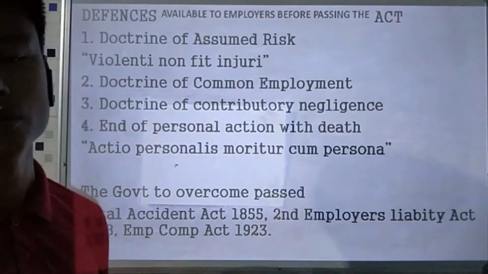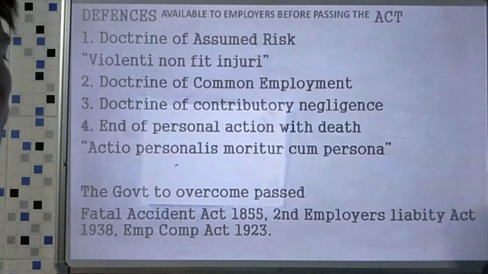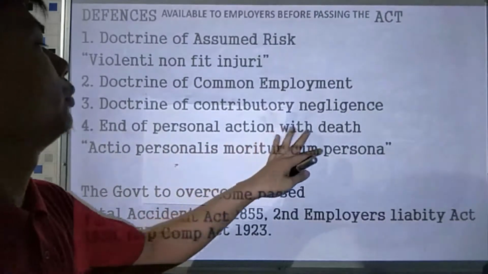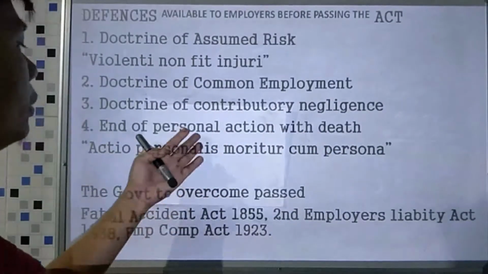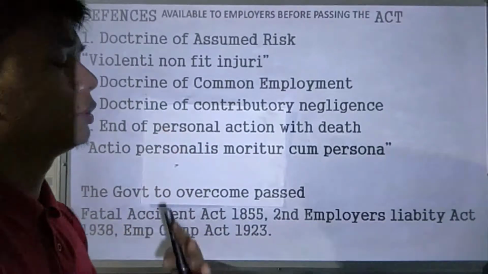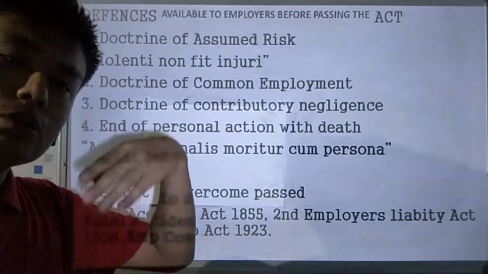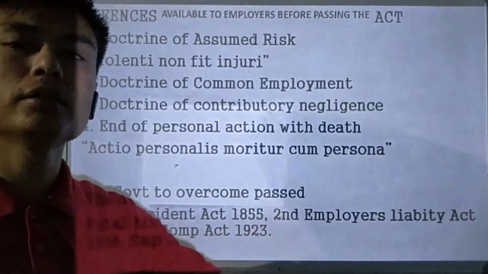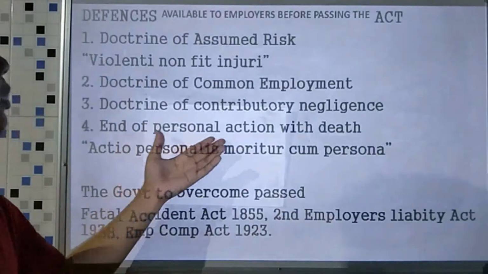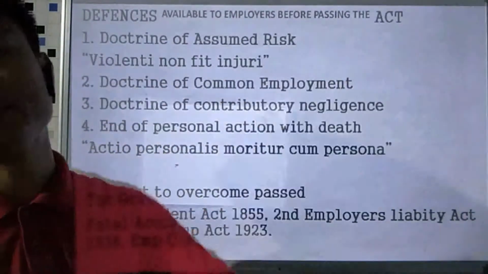Now third, end of personal action with death. That means, this doctrine tells that as soon as the person dies, all his personal action also dies. No one can be blamed.